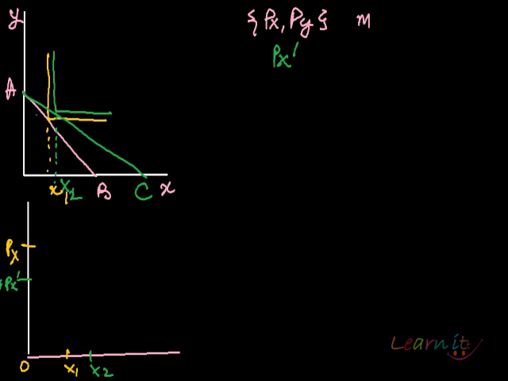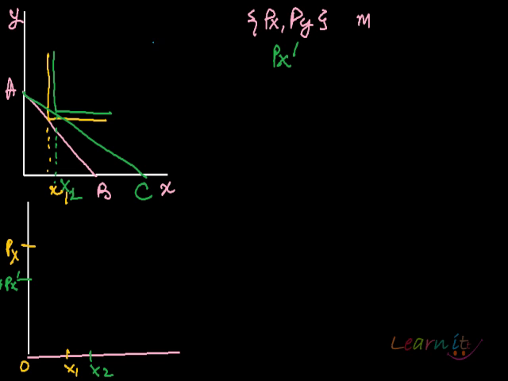It's not only that demand for X is increasing. Here this much is the amount of Y, and now here this is the amount of Y. So the amount of Y at the green indifference curve is of course more than the amount of Y in the yellow indifference curve, fine. So both of them are increasing in the same proportion, clear.